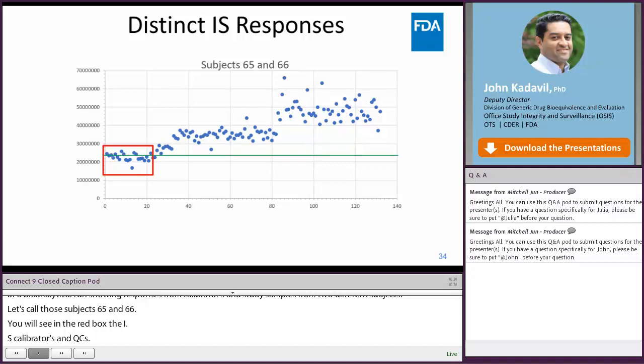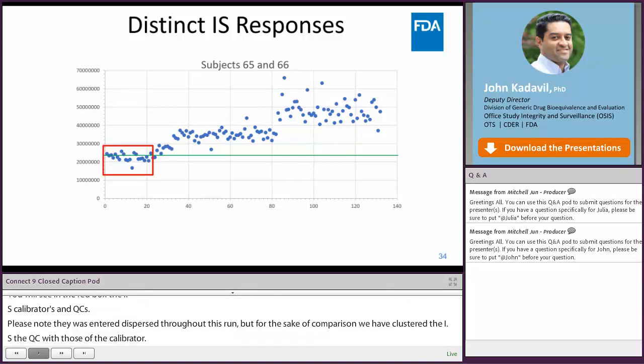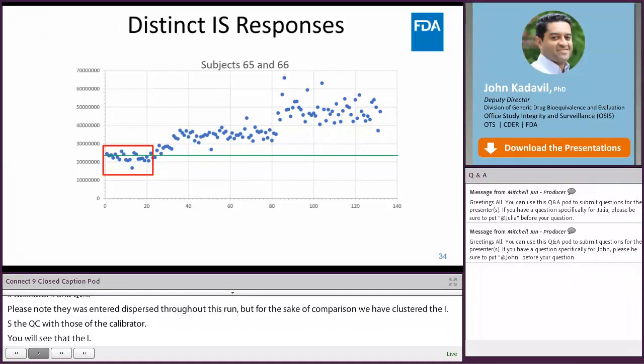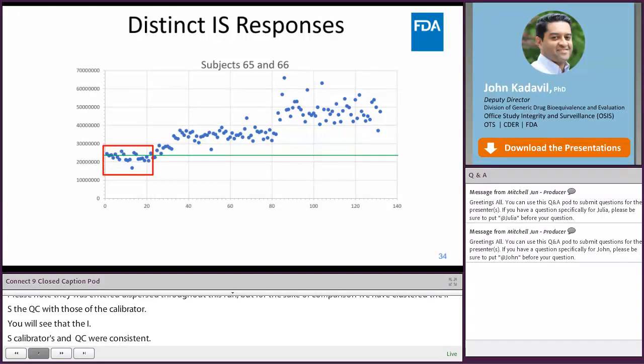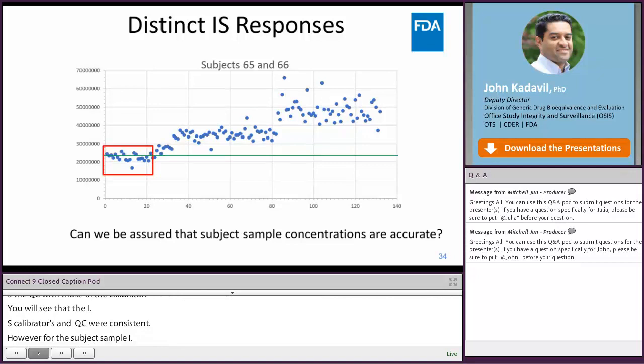You'll see that IS responses from calibrators and QCs were consistent. However, for the subject samples, IS responses were significantly different. When seeing this, we have to ask the question, can we be assured that subject sample concentrations are accurate?